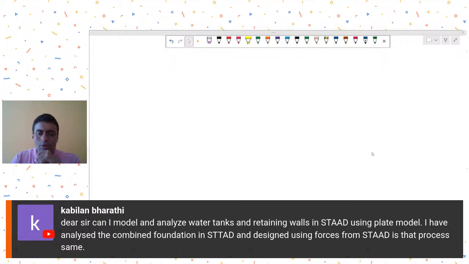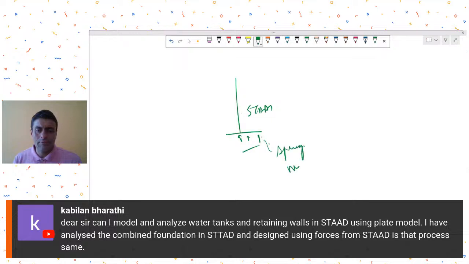So you have used STAAD Foundation for it. Yeah, you can do that. Even in STAAD, there is an option to provide springs below the plate. That option you can use, and you can provide the spring subgrade modulus in STAAD Pro also.